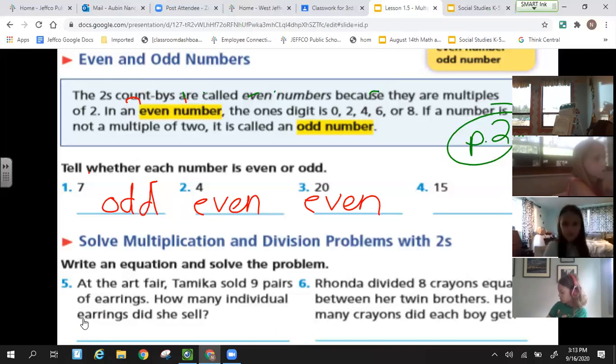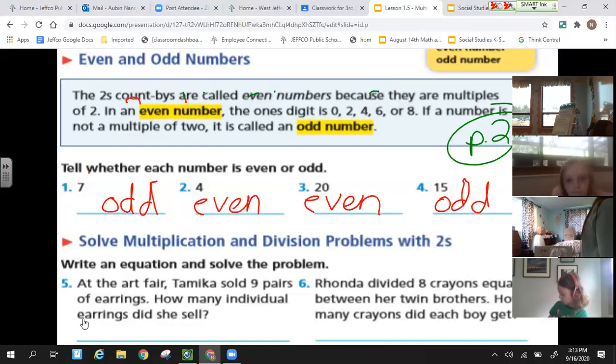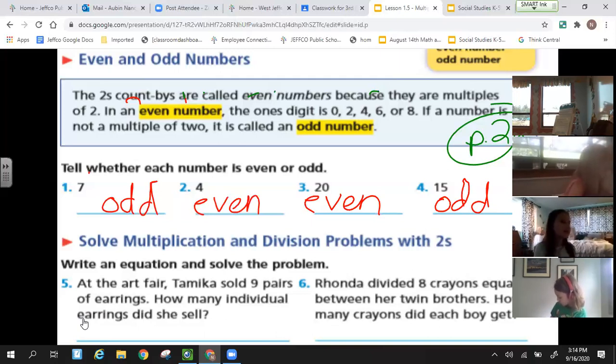Somebody at home, 15, odd or even, let me know. If you can unmute. Anyone? Okay, Max. Odd. Why is the number 15 odd? If you subtract 8 from 15, you'll get 7.